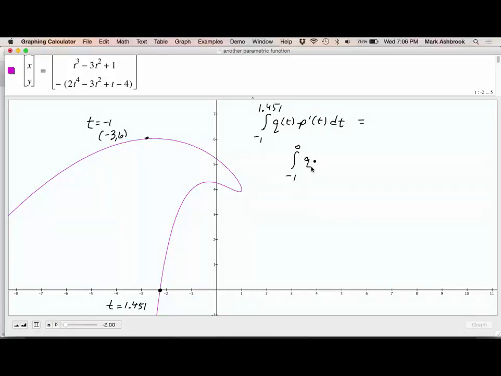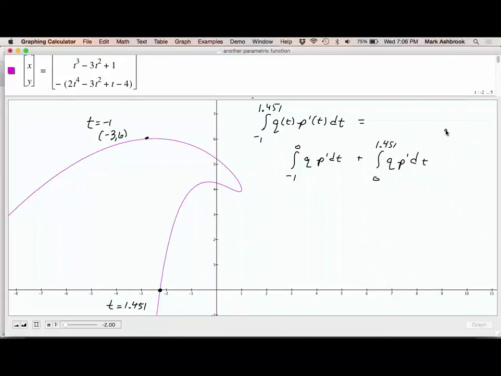Of q p prime dt, plus the integral from 0 to 1.45. Why am I going to do that? So we can make sense of what this would calculate, okay? What would this integral calculate?